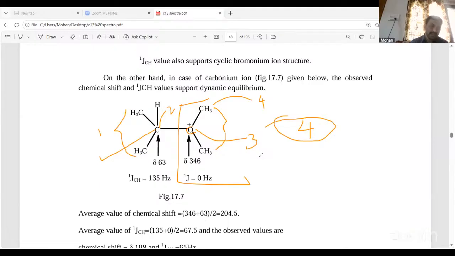So in general, as per the theoretical validation, you are getting four signals here.